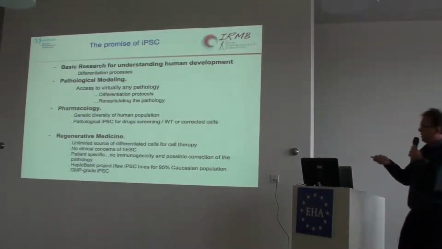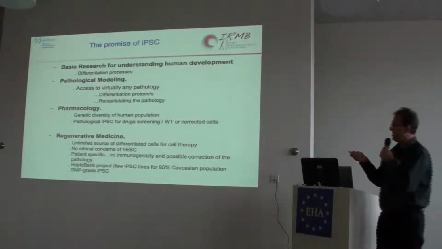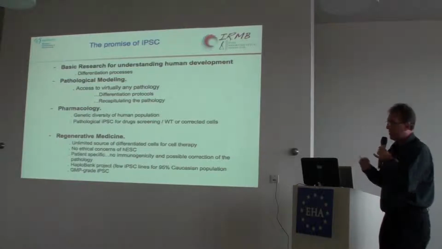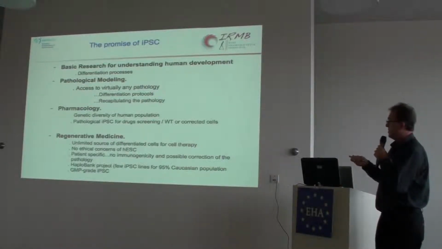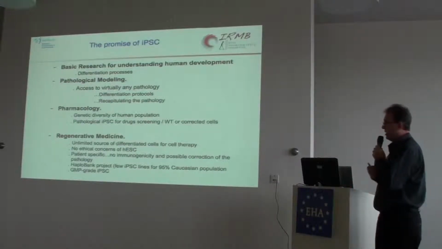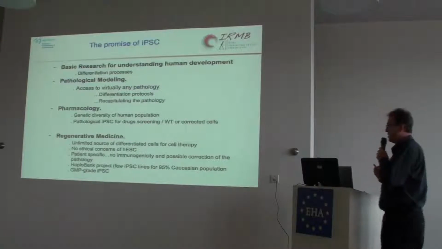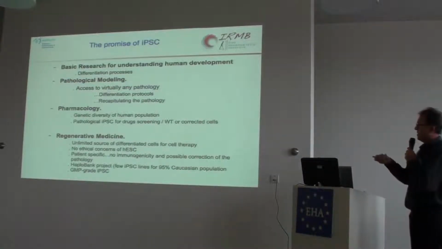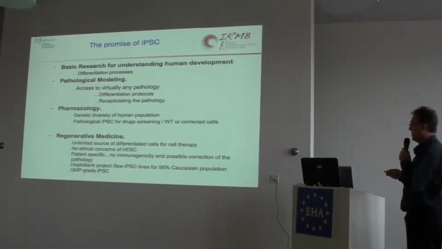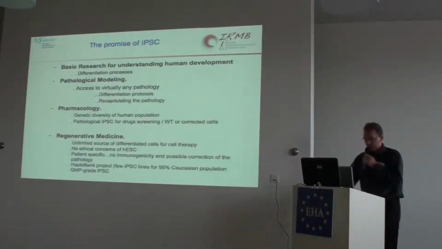We can also use iPS for pharmacology, so we can have access to the diversity of the population, but we can also use these cells for drug screening and to eventually correct the pathology. And we can also use these cells for regenerative medicine, with non-tumorigenic and non-immunogenic cells, for cell therapy.